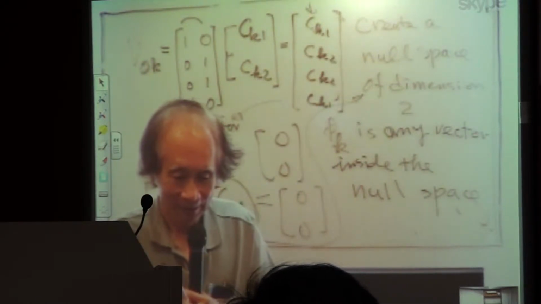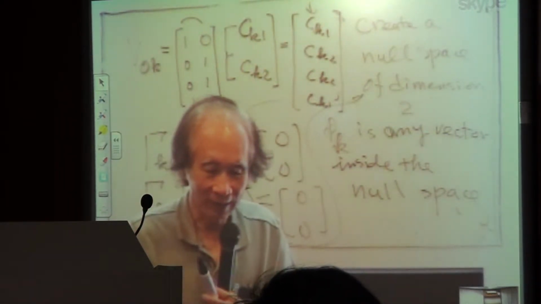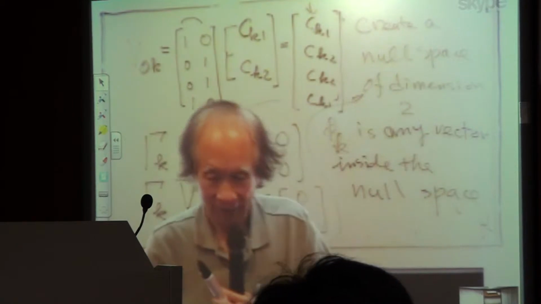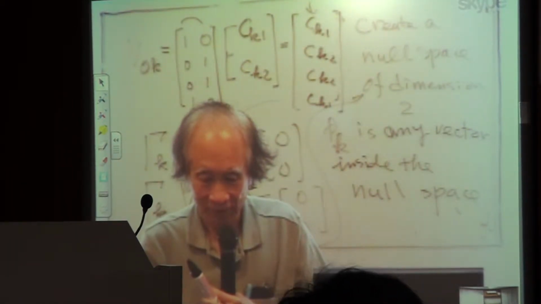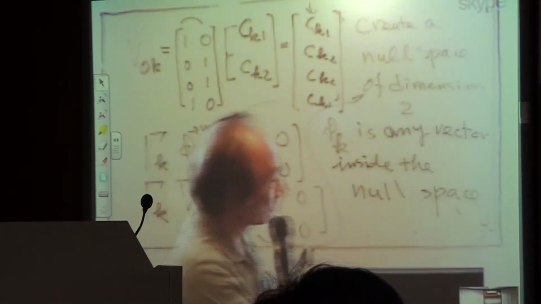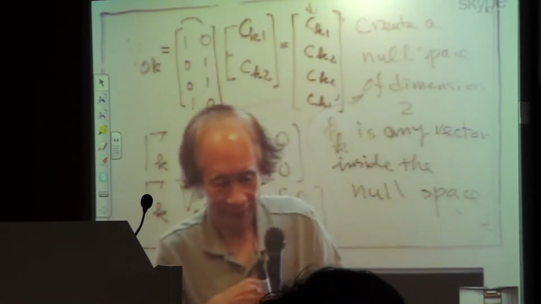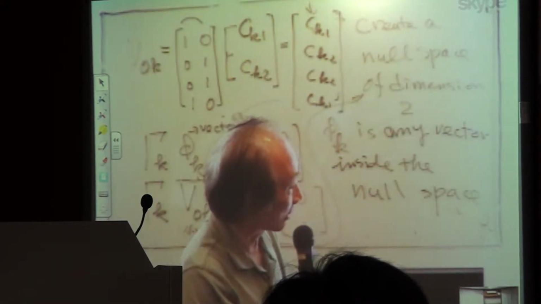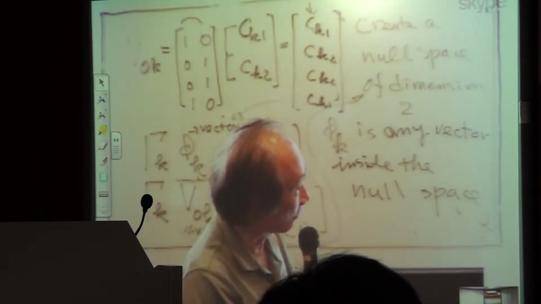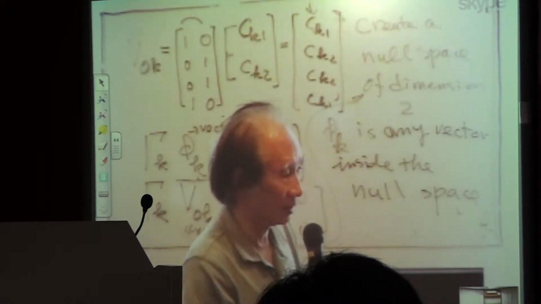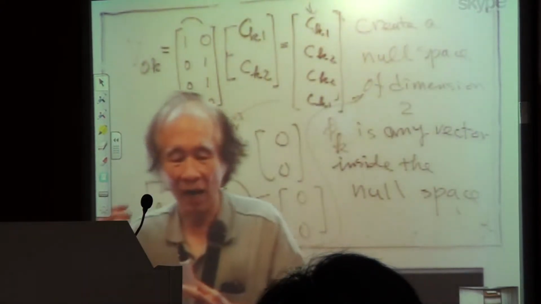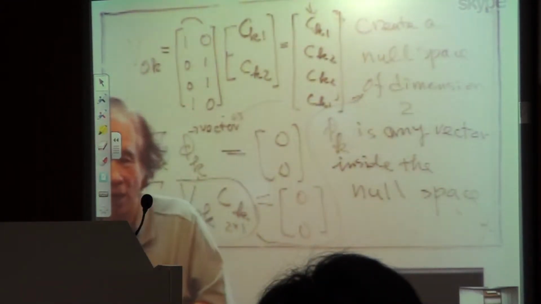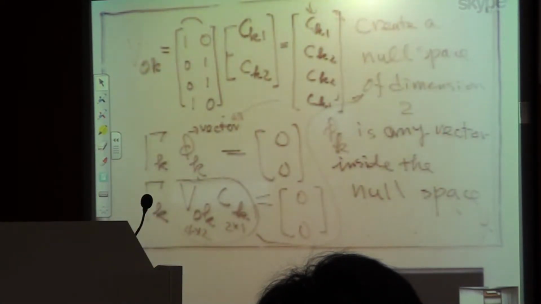Now, we know how to create this phi k. Phi k is V0k times any arbitrary ck, and this V0k comes from the singular value decomposition of your gamma k.